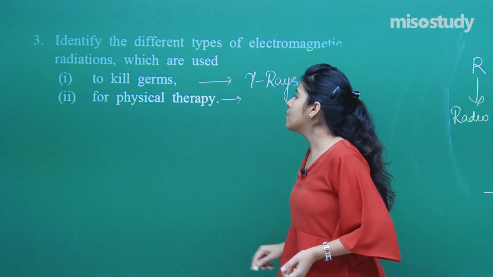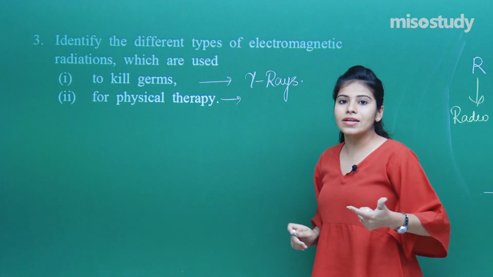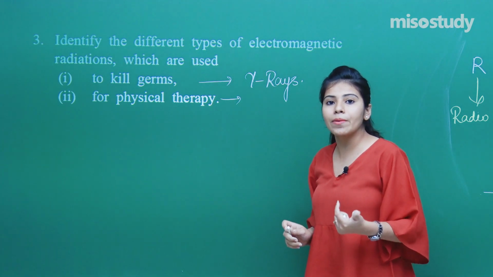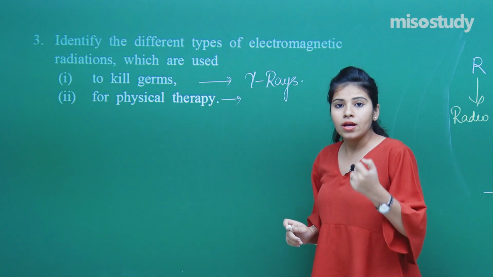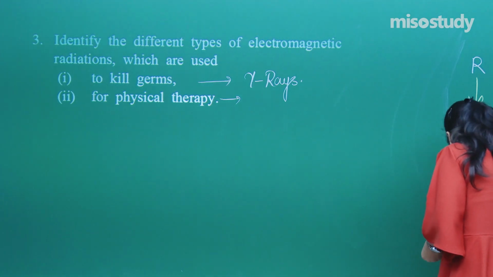Now, secondly, for physical therapy. So, you have to understand what type of waves you are going to use for physical therapy. I think I should tell you that we have a number of things before us.